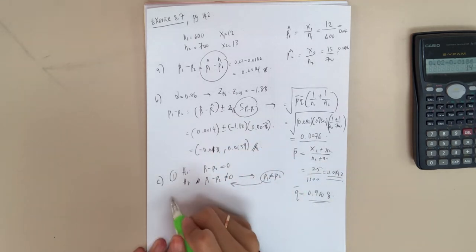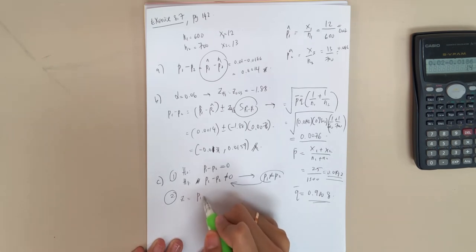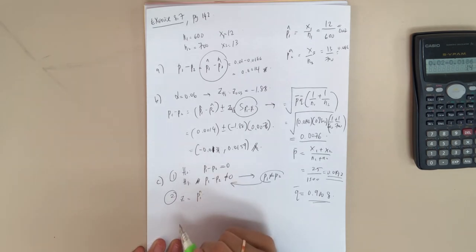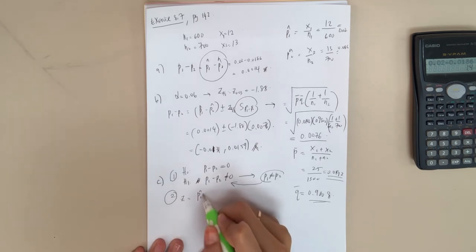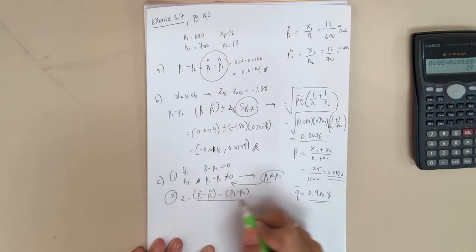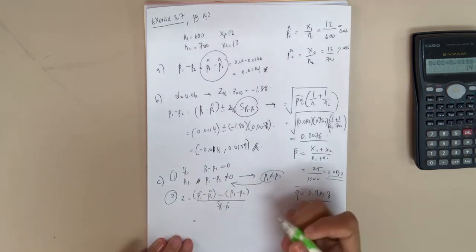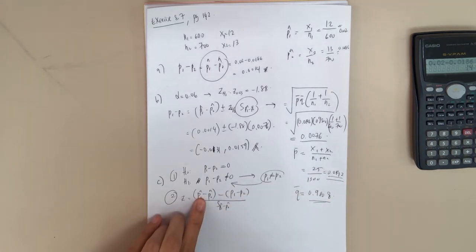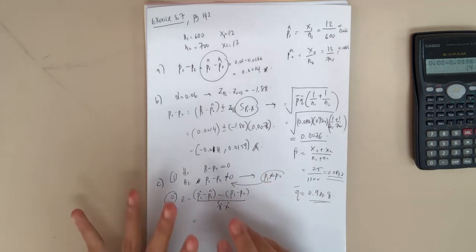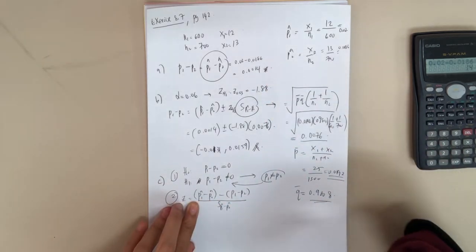So this is step number 1. Step number 2, you find the Z, which is your test statistic: P1 head minus P2 head, minus P1 minus P2, over S of P1 head minus P2 head. Like I said in the previous video, for hypothesis testing there is not much to calculate because you already calculated all this in the estimation part.